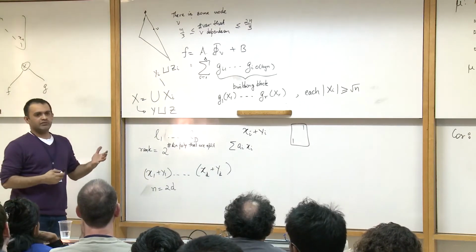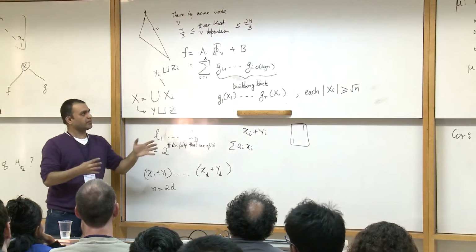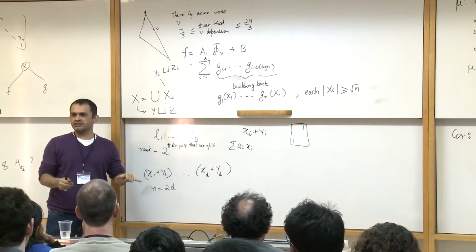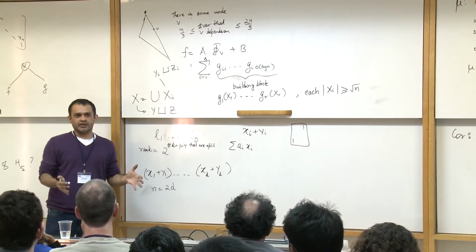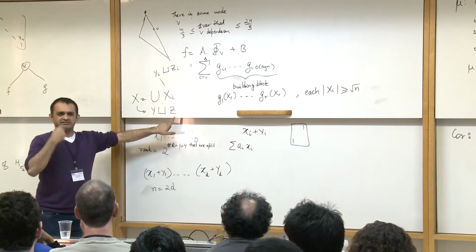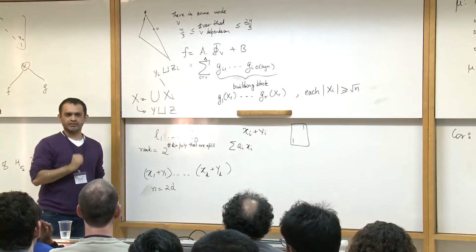If I'm really unlucky, what could happen is that the size of y_i could be equal to the size of z_i for everything, and it so happens that each g_i is full rank with respect to that partition y_i, z_i, in which case I'm not gaining anything. But the point is, when I'm taking a random partition of y and z, it's very, very unlikely that each of these x_i's is going to be split exactly.